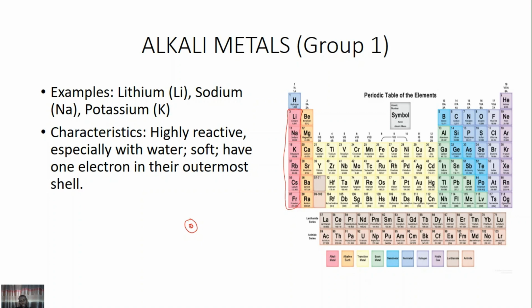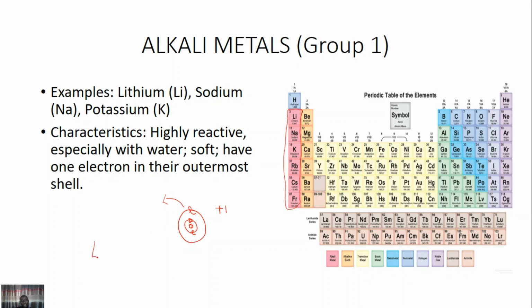For example, lithium has one electron in its outermost shell. Don't forget, this is hydrogen, helium. This is lithium. So they tend to lose this electron and become positively charged, plus one.